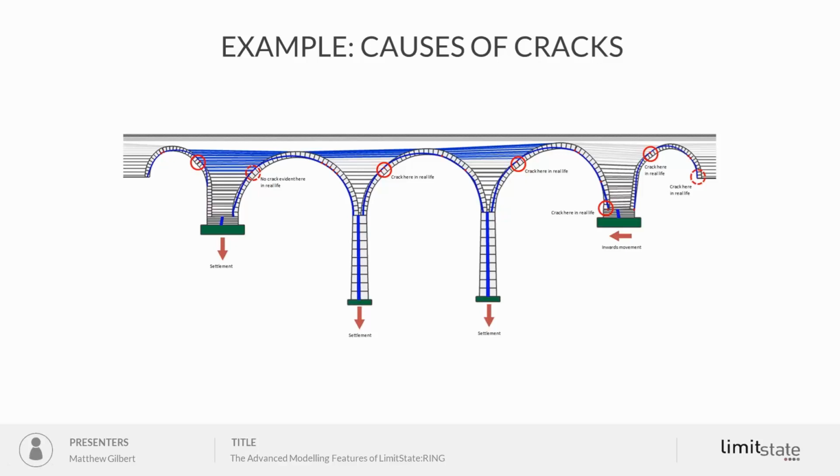look at the bridge in the field where the cracks were, to try to infer what the likely support movements were in reality. And with this particular set of support movements, we've got pretty good correlation between the observed and modelled crack patterns.